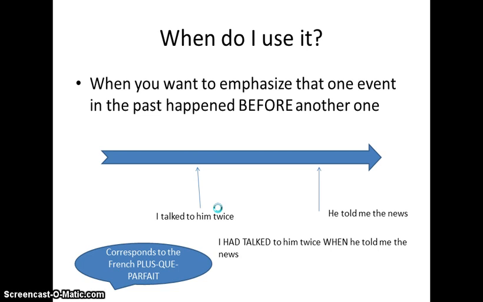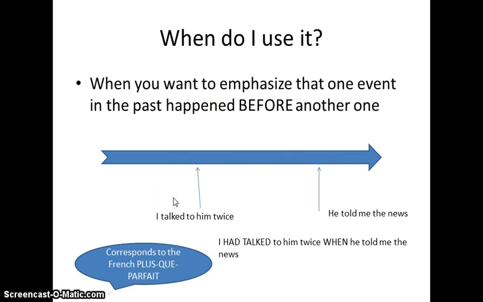If you look at this arrow, we're in the past, so you have this precise moment in the past. He told me the news. Another precise moment in the past. I talked to him twice, but you can see on the arrow that this one happened before.